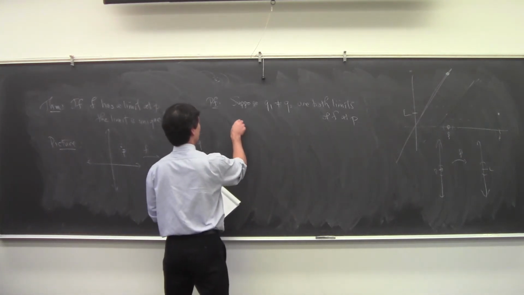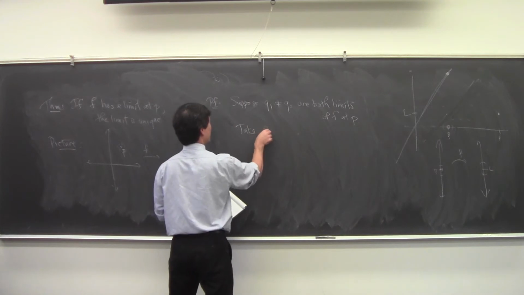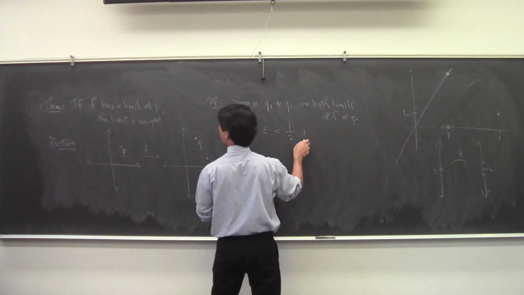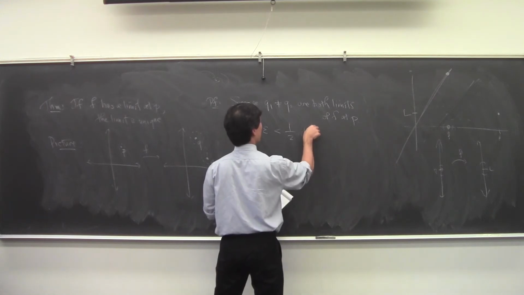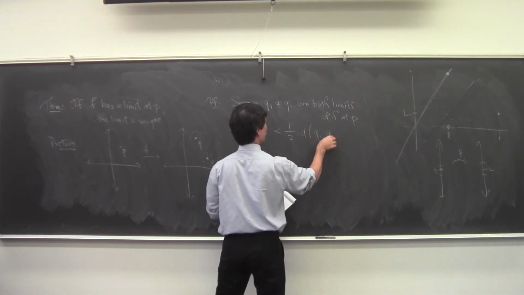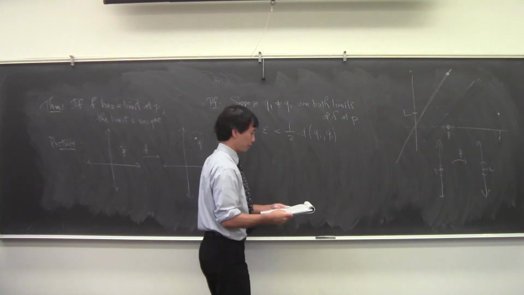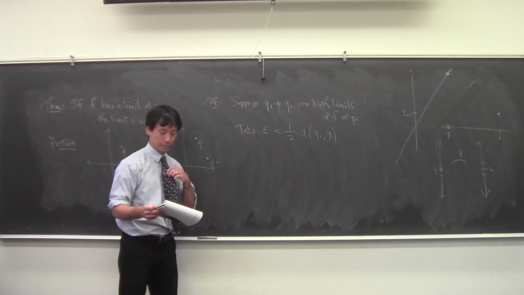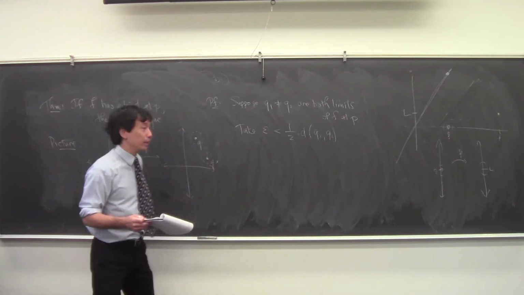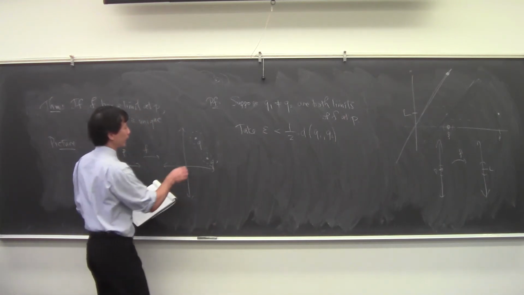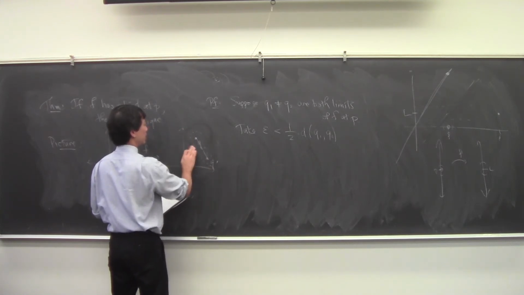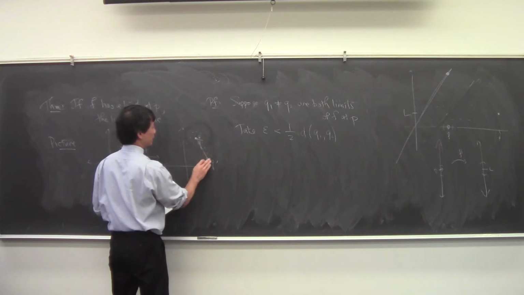Well, what are we going to do? Take epsilon, anything smaller than half of the distance between Q1 and Q2. So we look at the distance between you two, we take half of it, and we take some epsilon that's smaller than that.